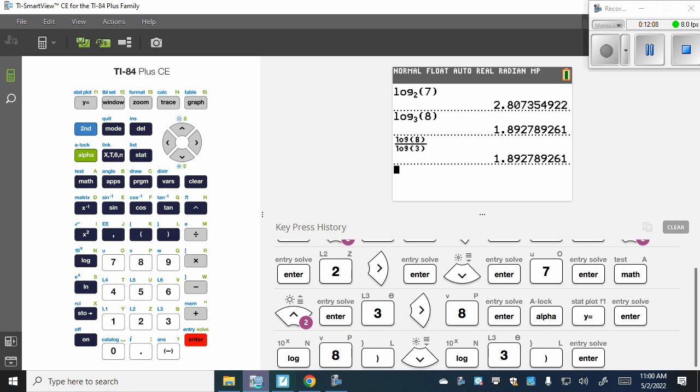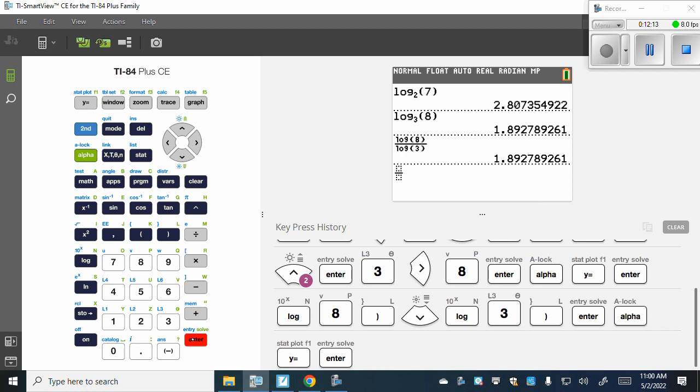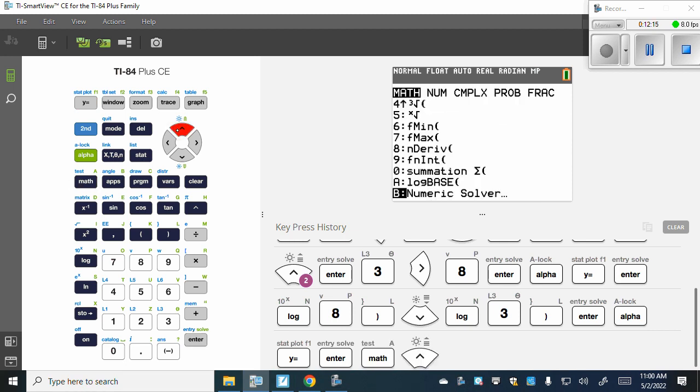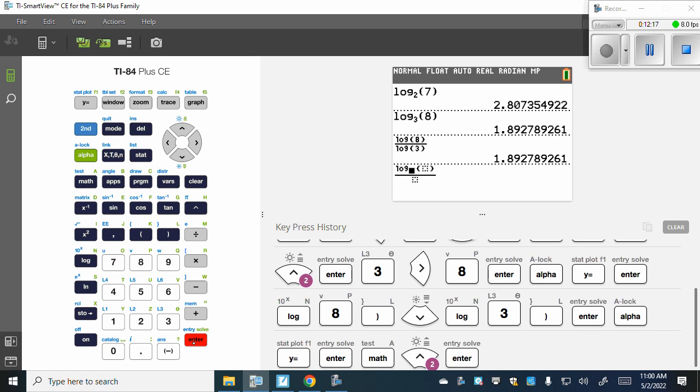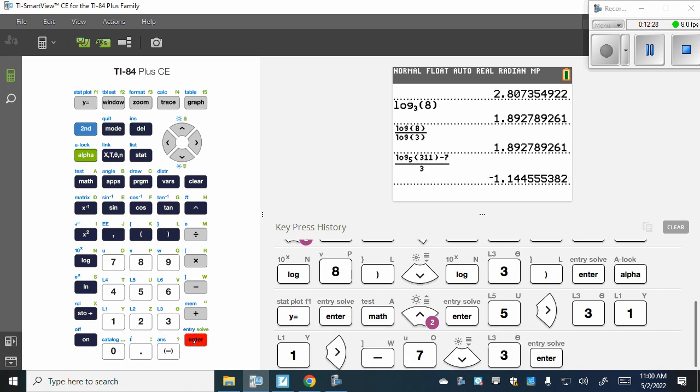So in the calculator, we go alpha y equals, enter, math, log base 5 of 311 minus 7 divided by 3, we get negative 1.145.